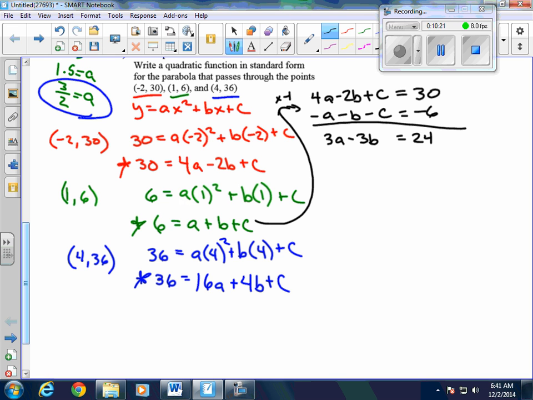Okay, now we're going to use the second equation, or the third equation, and we'll leave them in the same order here. So we're going to have 16a plus 4b plus c equals 36. And again, this time I'm going to multiply this one by negative 1.